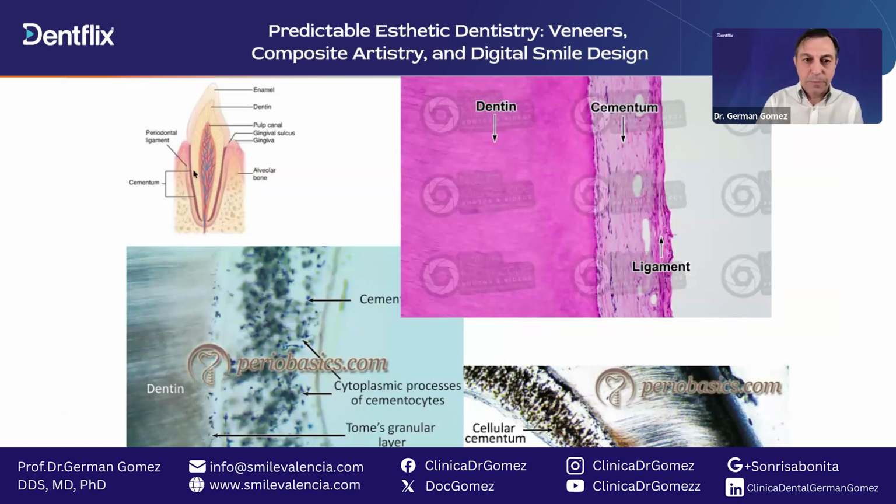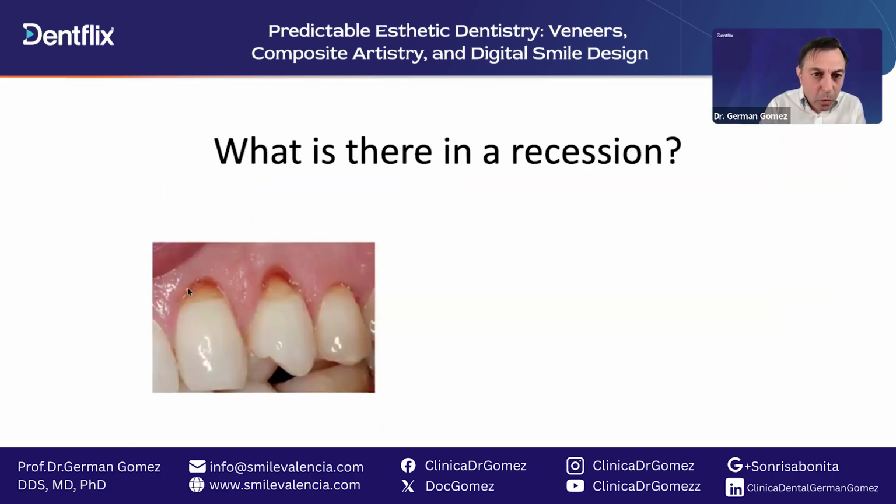Okay, good. Then what do we have here? Do we have enamel? No. Do we have dentin? Yes. And if there is a recession, then we have cementum, but this cementum is brushed away. So whenever we look on a recession, on a tooth with recession, we don't look at the cementum in that moment. We look at the abraded cementum, and underneath of the cementum is dentin.